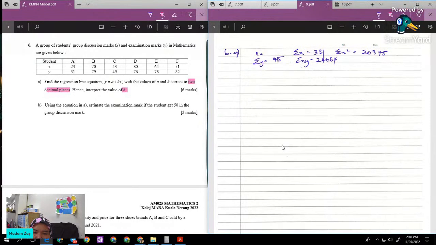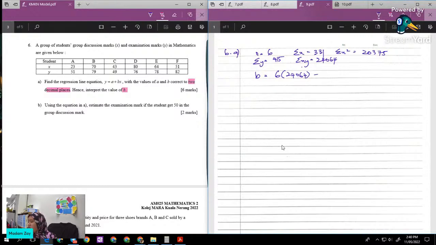So, dah ada semua ni, baru you masukkan dalam formula B. What is formula B? N, which is equal to 6. And kita 6 kan kat sini. 6 of summation XY, 24064. Rujuk you punya formula dekat formula booklet tu.